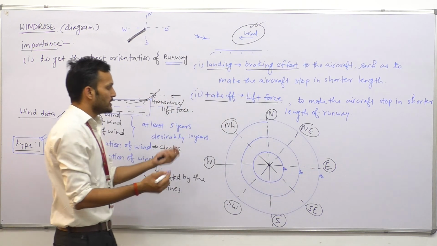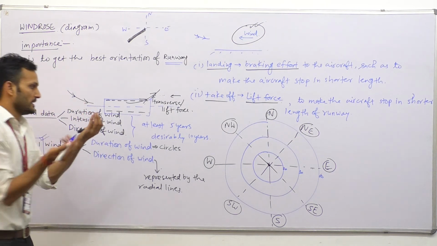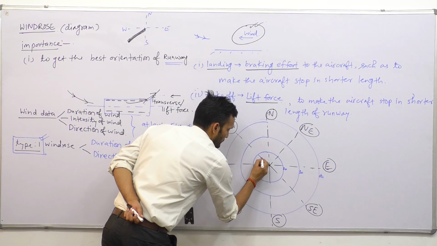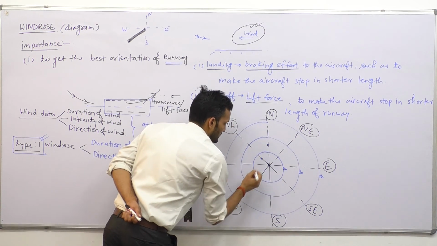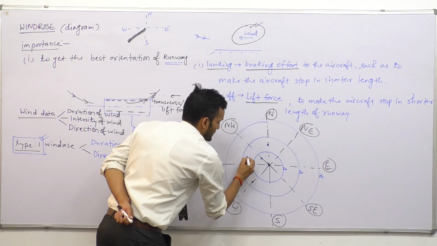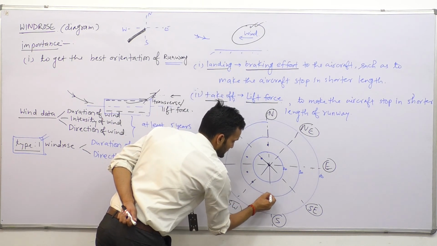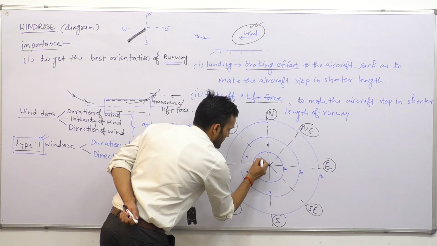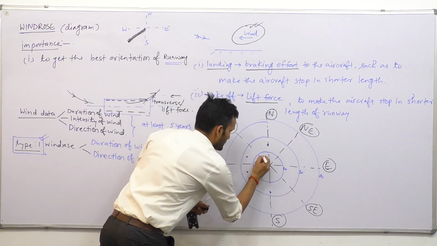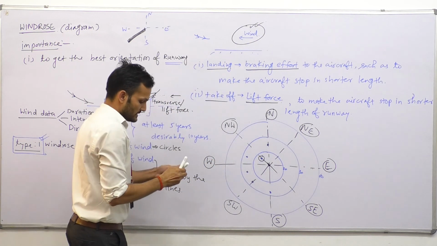So if I am going to depict a certain direction, like if I am pointing out this value, some sort of value, some values can be this. What are these values actually going to represent? Like if I am going to explain this value, this is going to represent the intensity.